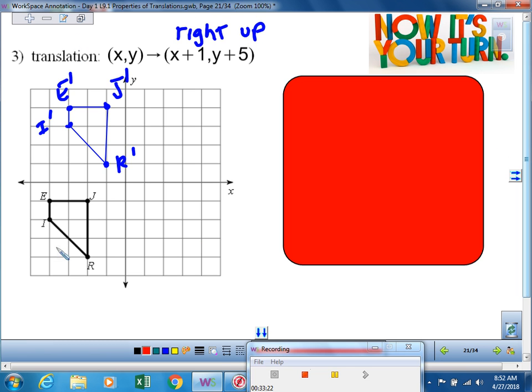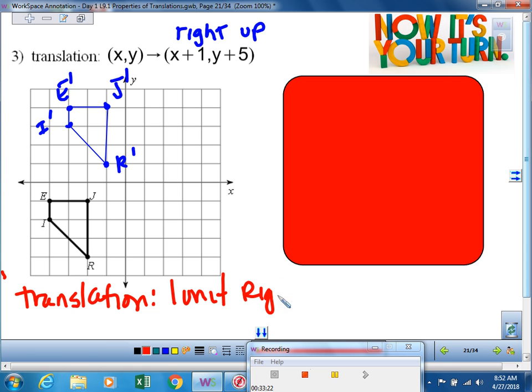And then this one is translation. What? 1 unit right, 5 units up. In the algebraic rule, you do not have to tell me translation before, only the rule in words.